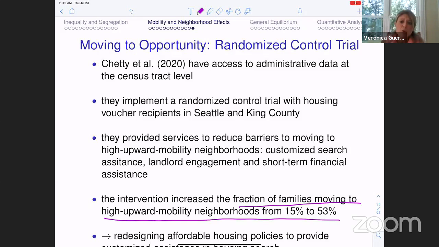So they conclude that it will be important to better design affordable housing policy by complementing it with some form of customized assistance to the families that move to high upward mobility areas.